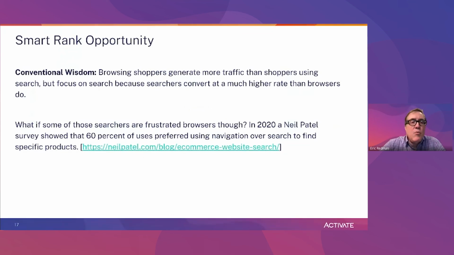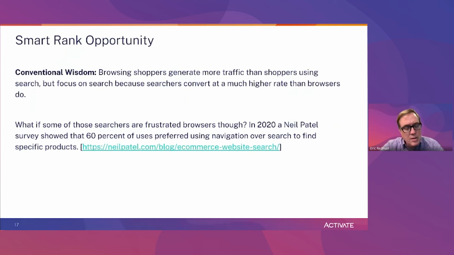So the way I would put it is, I'm challenging conventional wisdom. And the conventional wisdom, as we have heard over the years, is focus on search, because even though search is a smaller percentage of the overall traffic to an e-commerce site, shoppers, when they search, convert at a much higher rate.